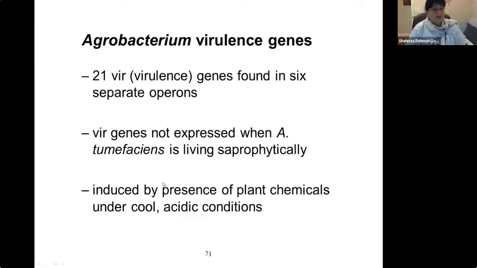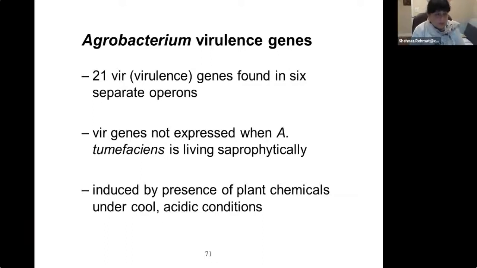So what are the virulence genes in the Agrobacterium? We found 21 virulence genes in 6 separate operons. So 6 operons are working to produce the products of these 21 genes, which will now be expressed by this virulent form of Agrobacterium.